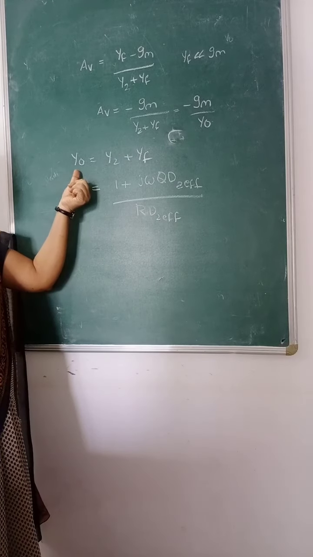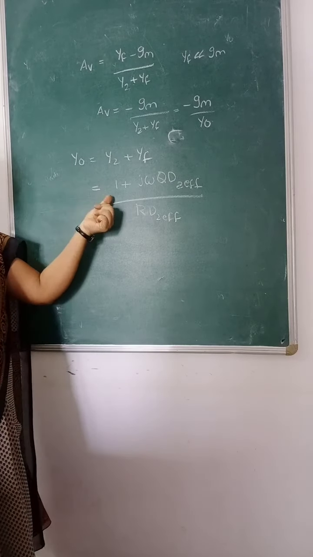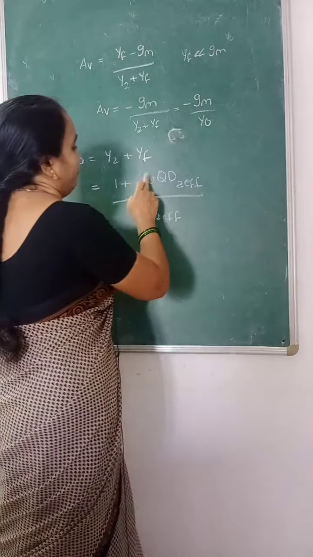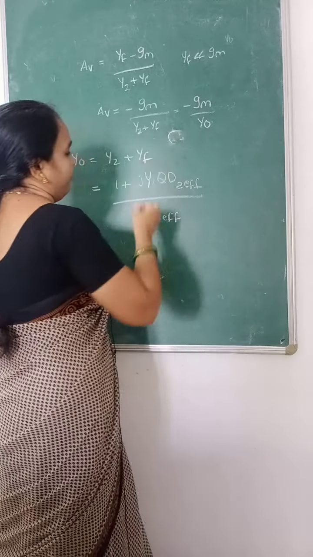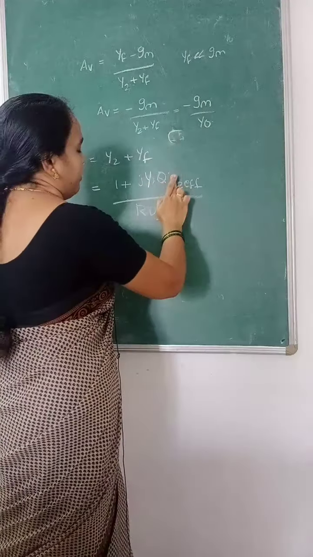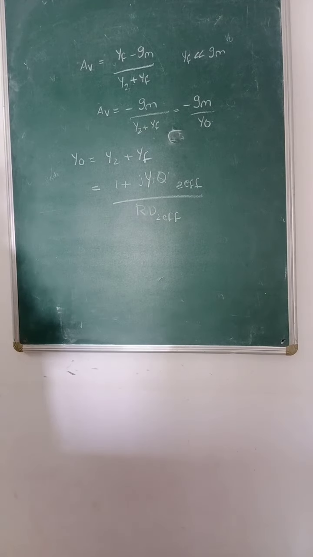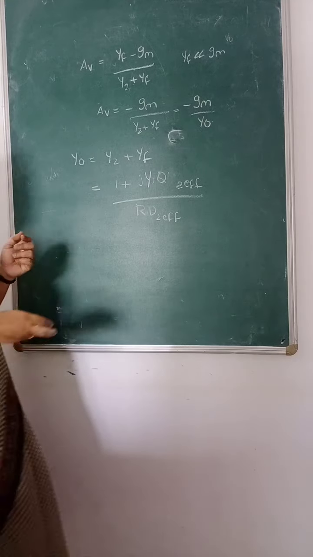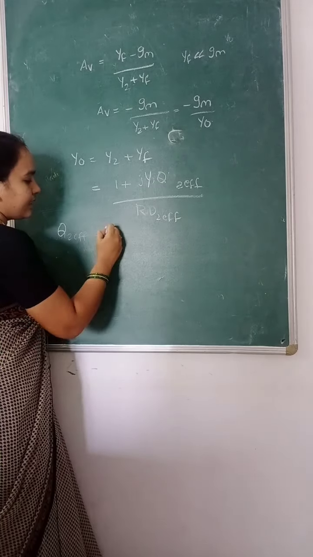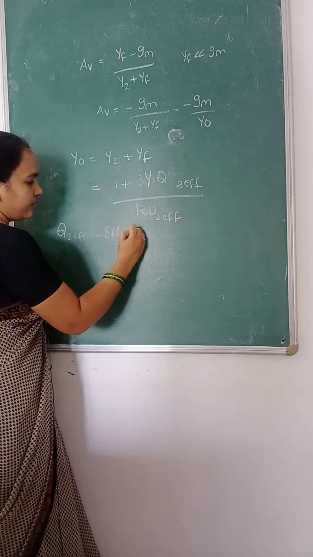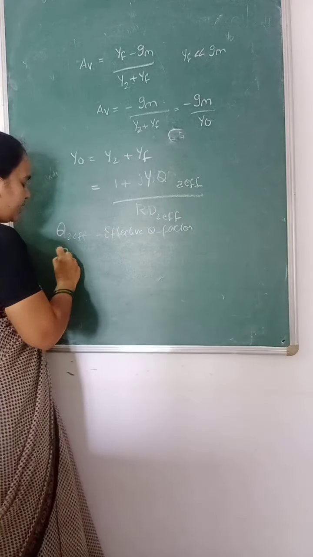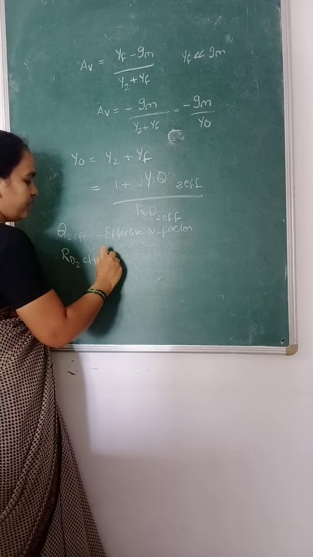Whenever the total admittance is equivalent to 1 plus j y Q2 effective divided by Rd2 effective, here Q2 effective is called the effective Q factor, and Rd2 effective is the effective resistance.